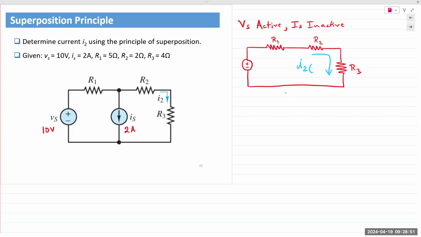So this would be I2 because of Vs. Another subscript in there. You can name it anything you want as long as you specify that this is due to Vs being active. And the current source Is is replaced with an open circuit, meaning you remove Is and don't place anything in its path. So the current source is gone.